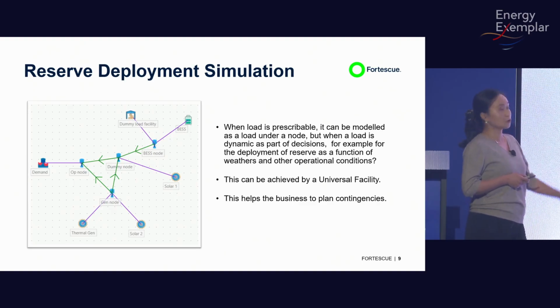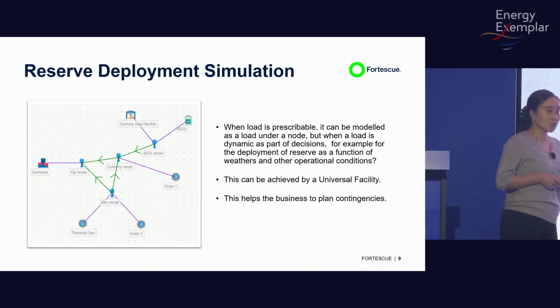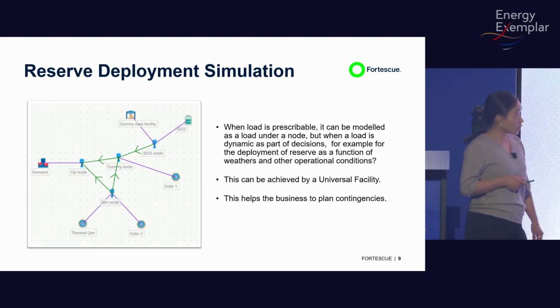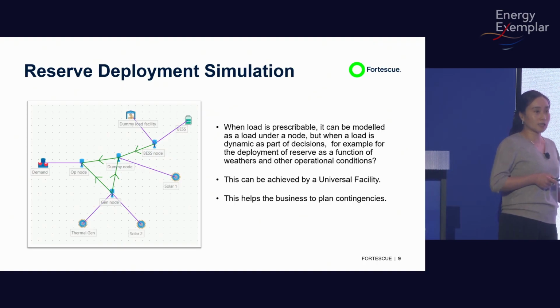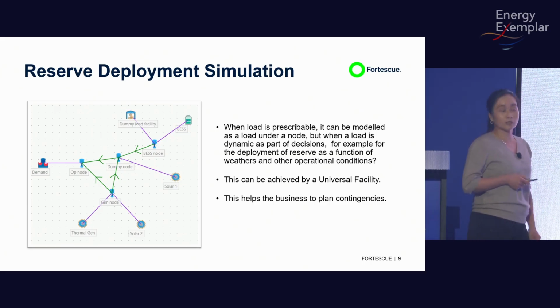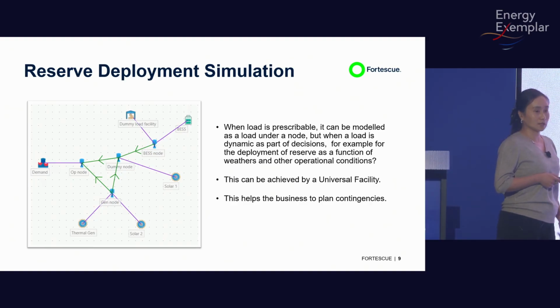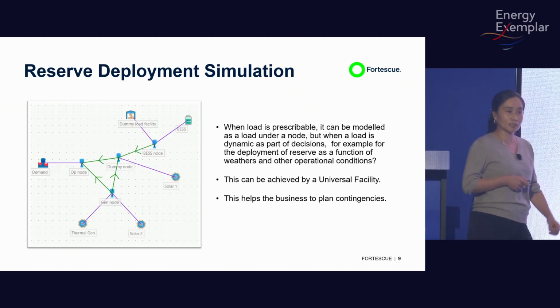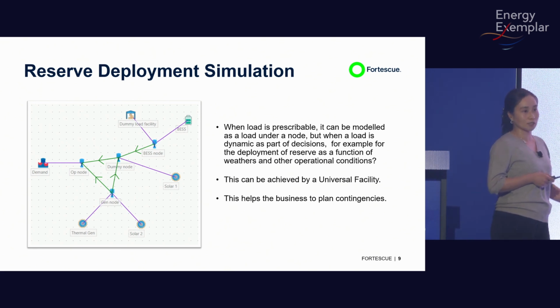And that logic could be conditional on the weather, like the likelihood of a cloud. When you have a different likelihood of cloud, that battery will hold a different reserve capacity. And then the dummy load facility essentially generates that need for additional load ingested into the system when the cloud is higher.